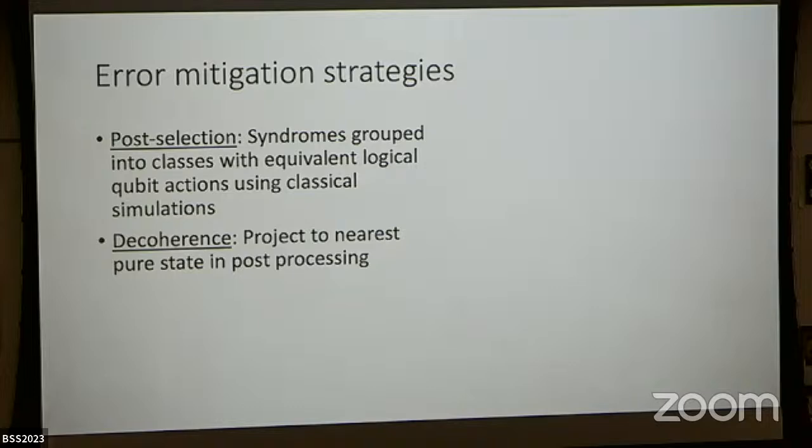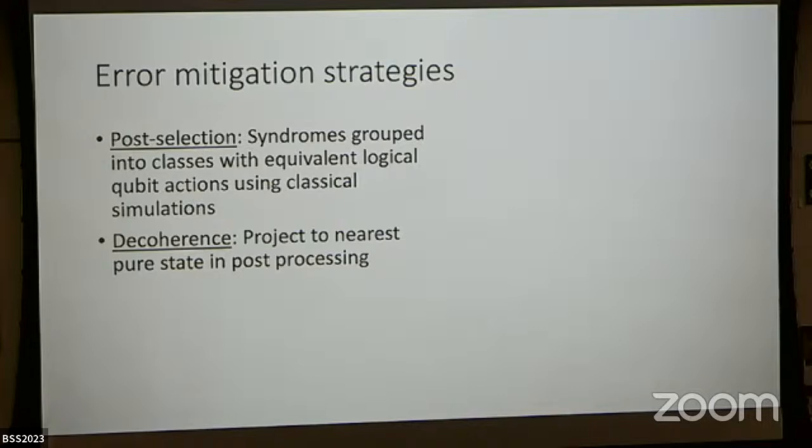There are many syndromes, but we can group them in terms of what happened to the logical qubit using classical simulations. I'm not claiming this is a scalable way to do this at all, but it does help with processing the data in this experiment.